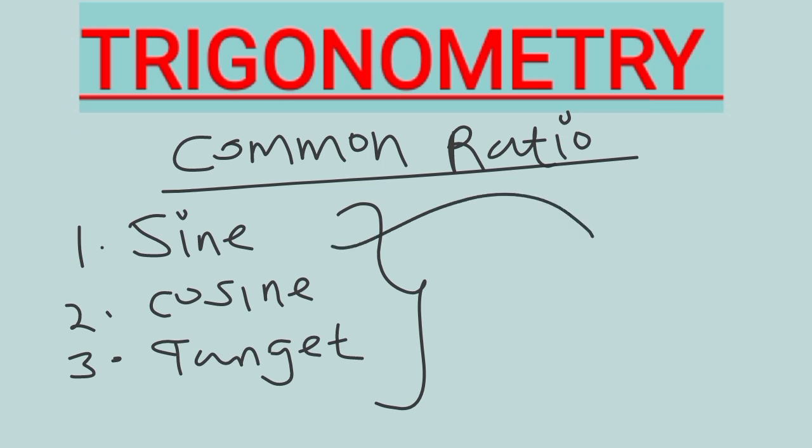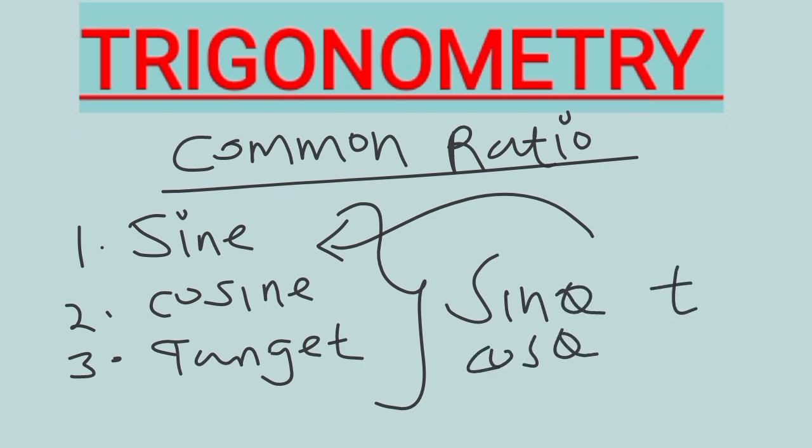I think you can now recall these same common ratios from grade 10, from secondary. That is how we were evaluating sine theta, cos theta and tan theta. Basically, trigonometry is about triangles.